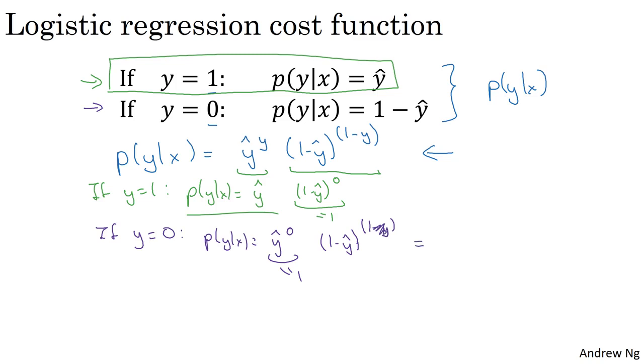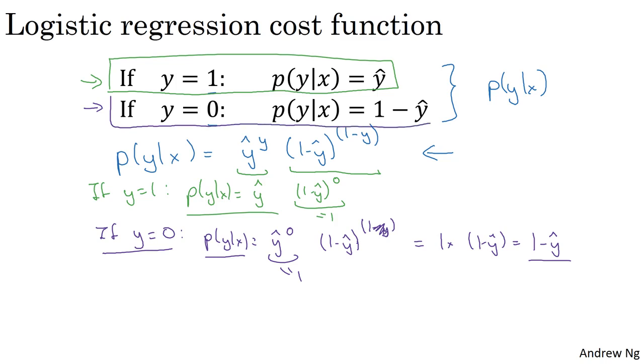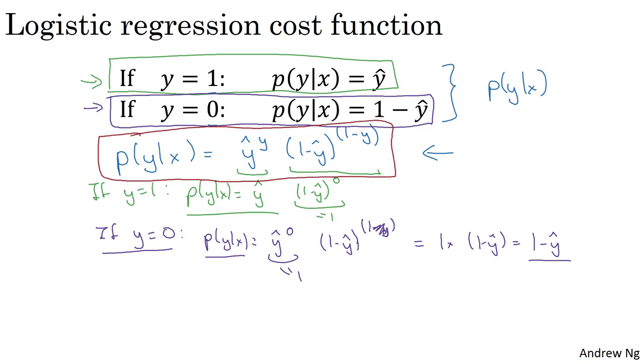And so this is equal to 1 times 1 minus y hat, which is just 1 minus y hat. And so here we have that if y equals 0, p of y given x is equal to 1 minus y hat, which is exactly what we wanted above. So what we've just shown is that this equation is a correct definition for p of y given x.